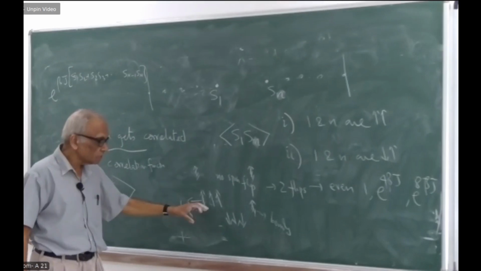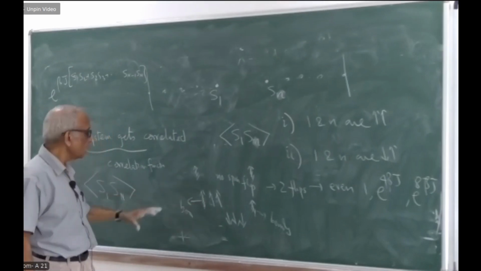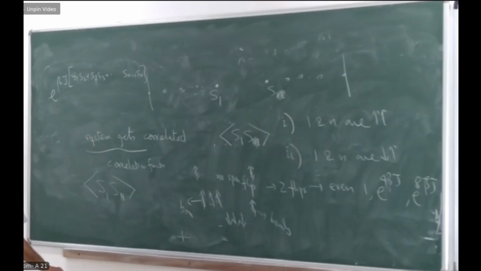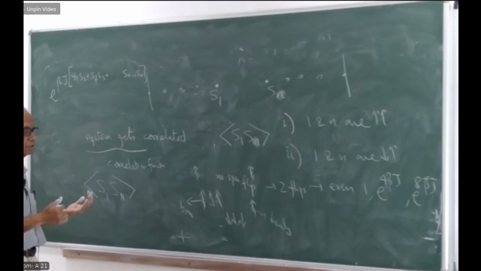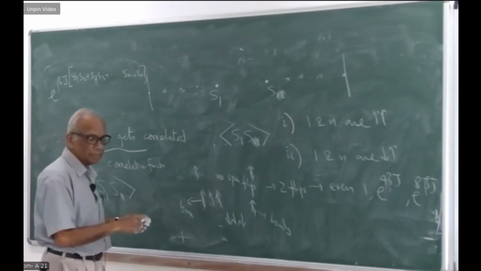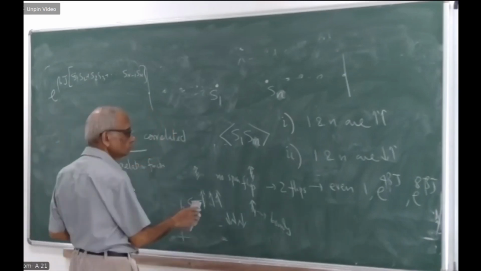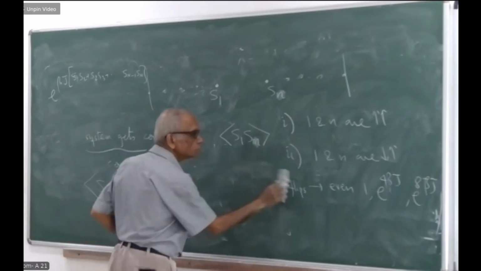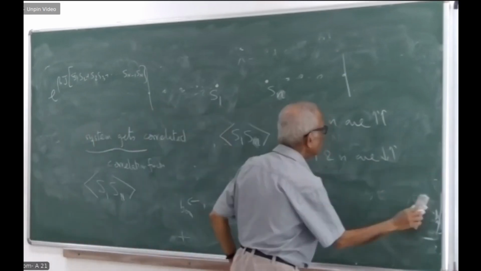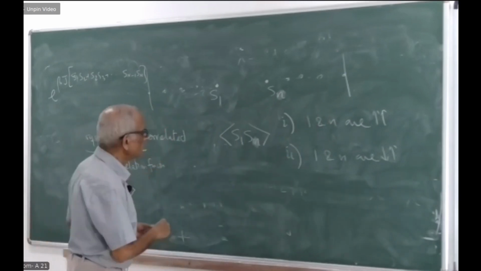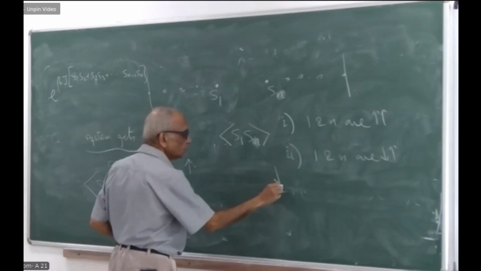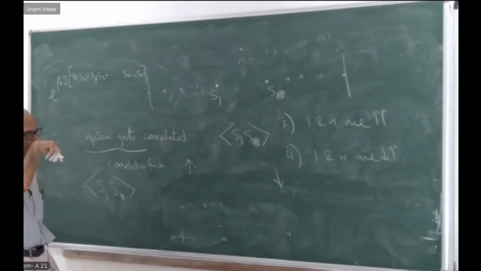Now comes the question of the up and down. If it is up and down, then the minimum is 1 flip. So S1 up, and these are my S1 and Sn configurations.